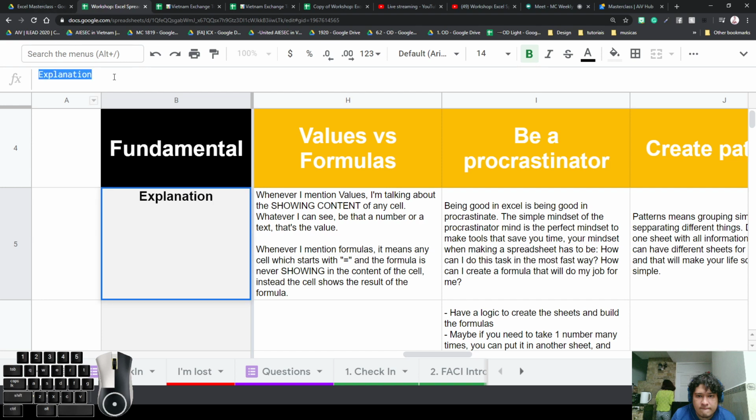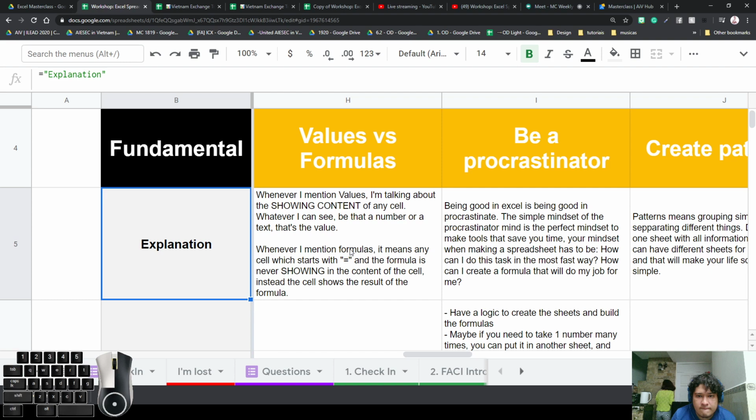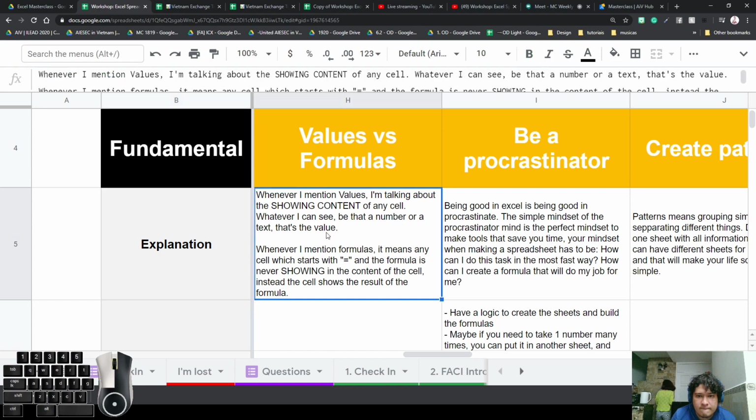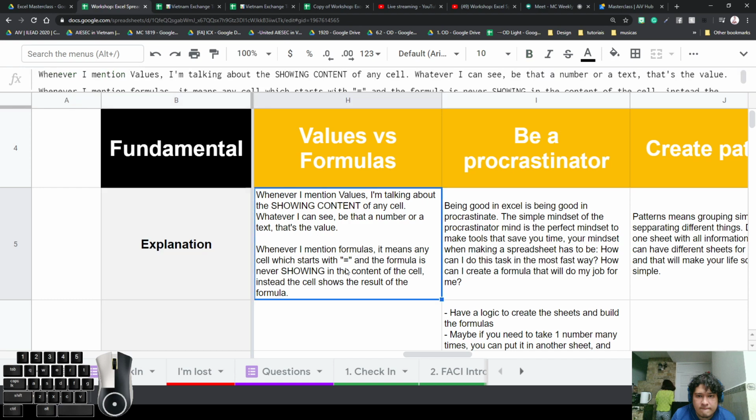But let's say I do this, equal, explanation. Okay, this is a formula. Formulas always start with the equal sign, as you can see here, and they're never showing.